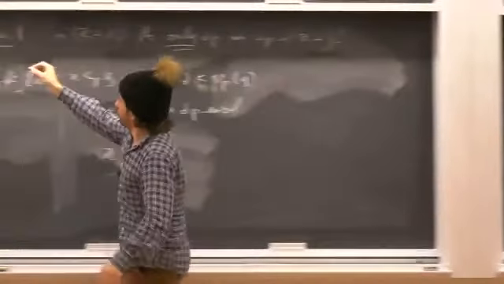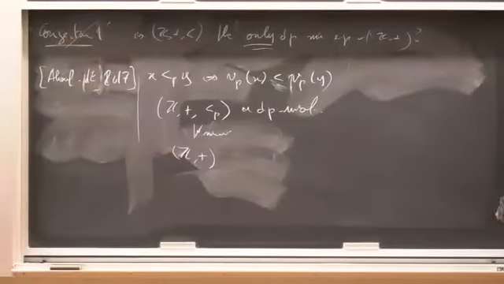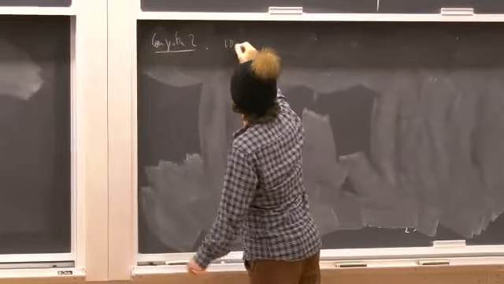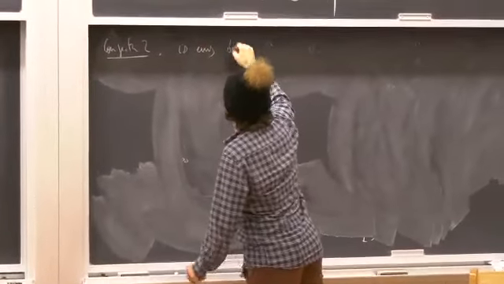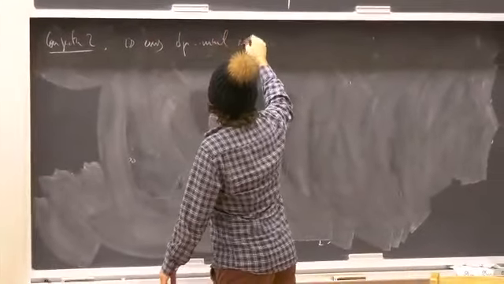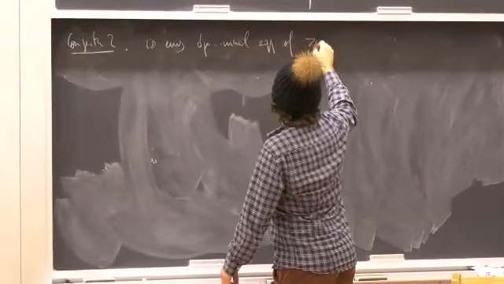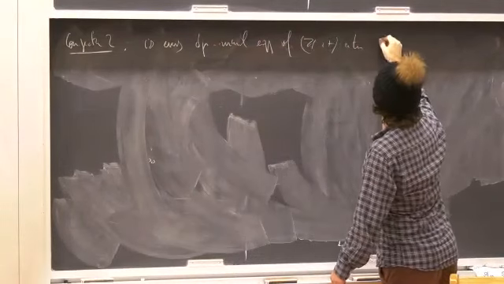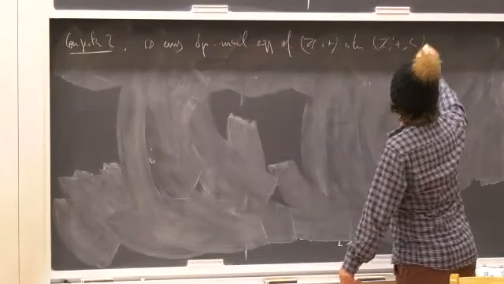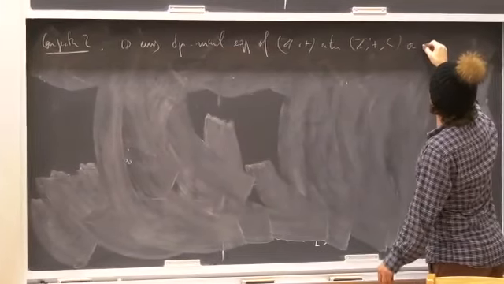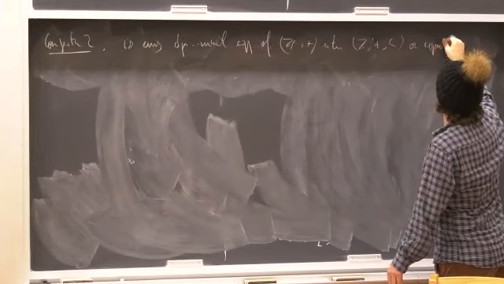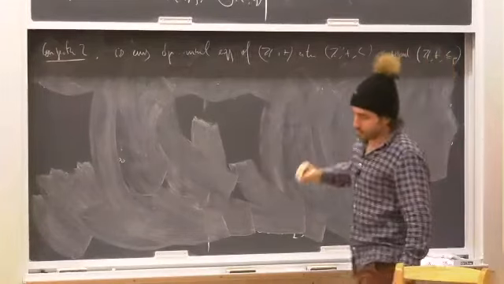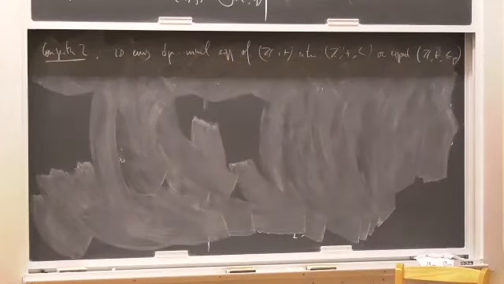So conjecture 1 is false, but then conjecture 2 is: every DP minimal expansion of Z plus either expands Z plus less than, or expands Z plus and the p-adic order relation.